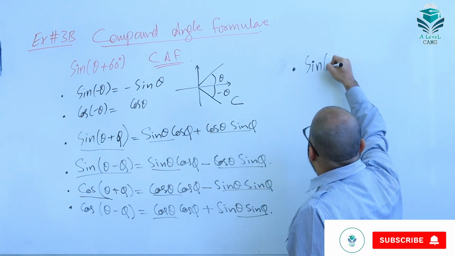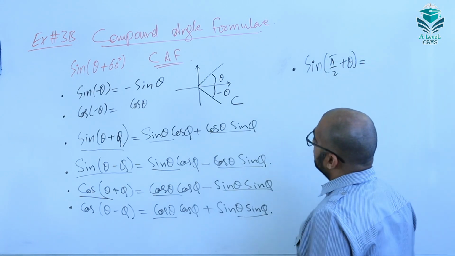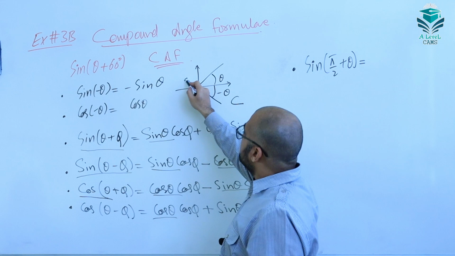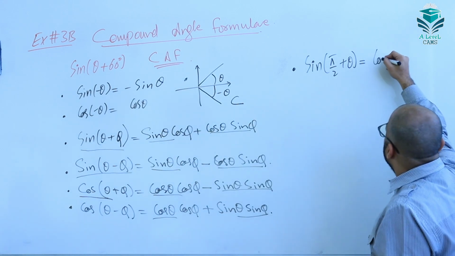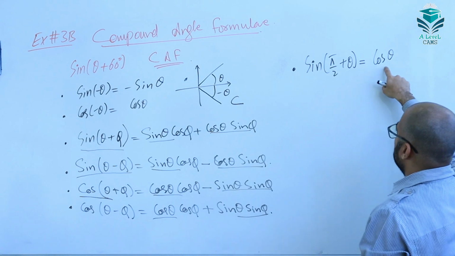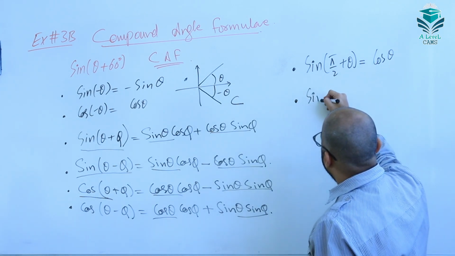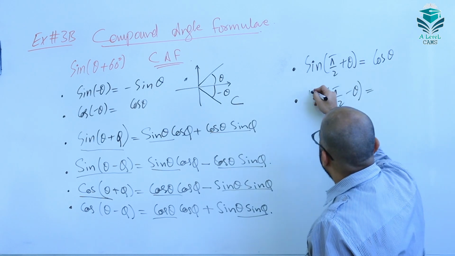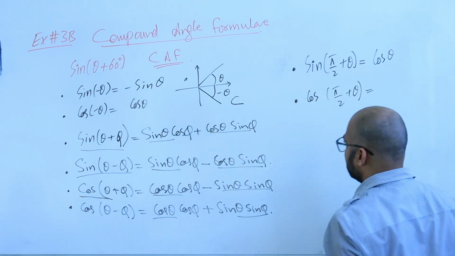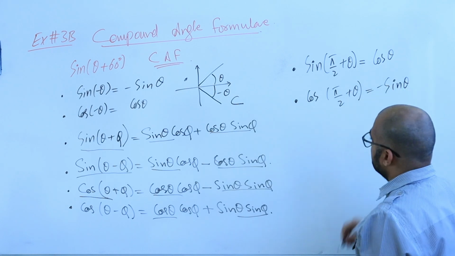Let's say we define some other angles, pi by 2 plus theta. Pi by 2 plus theta will be in the second quadrant. So sine of pi by 2 plus theta is cos theta, because sine is positive in the second quadrant. And cos of pi by 2 plus theta will be in the second quadrant, where cos is negative, so you can write minus sine theta.